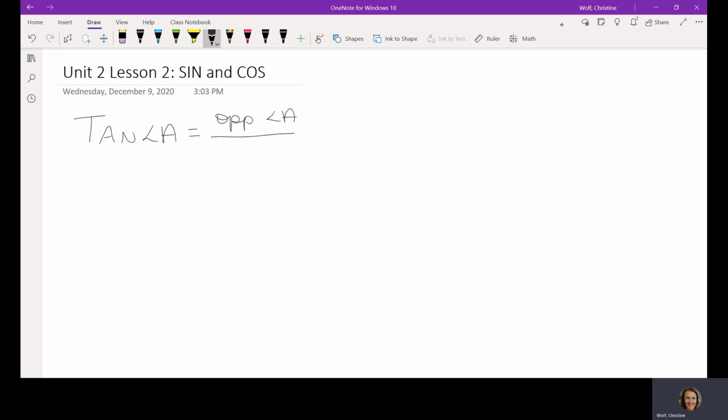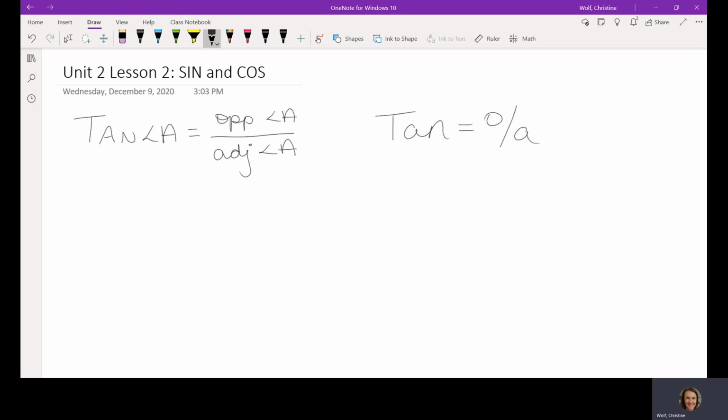And on the bottom, we're going to put the side that's adjacent or beside that angle, but not the hypotenuse, the other one. So tan is opposite over adjacent. In shorthand, tan is O over A.